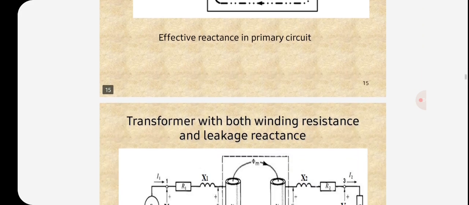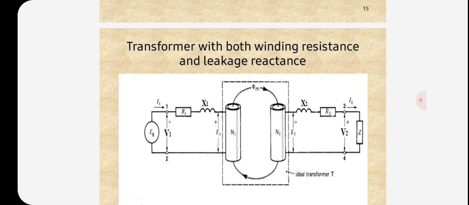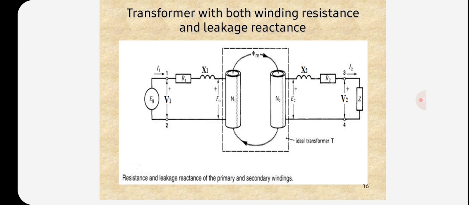So equivalent primary leakage reactance referred to secondary, x1 dash, is equal to k square x1.